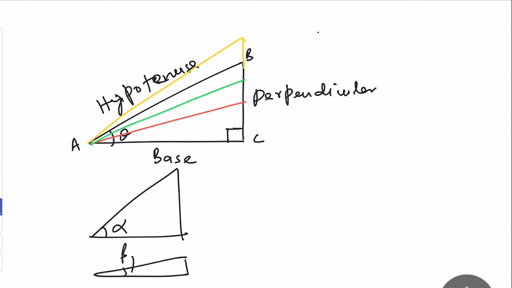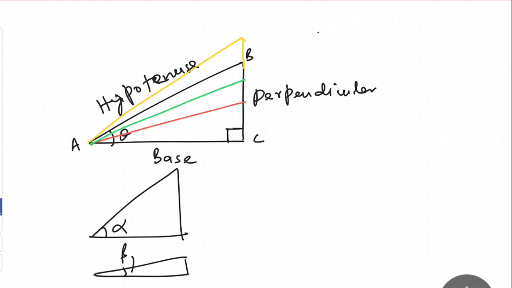Now what we'll do is give the ratios a certain name. I'll remove these, and now we have a simple triangle. We will give a name to the ratio of these sides.